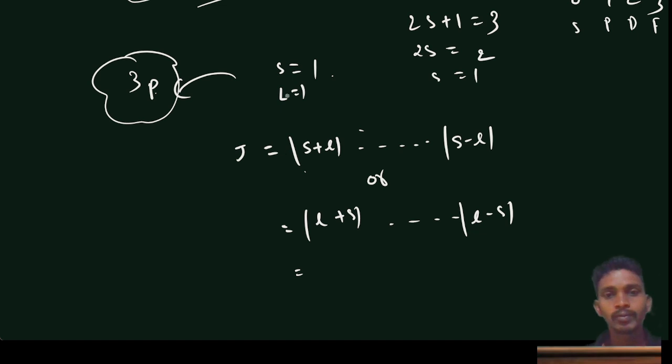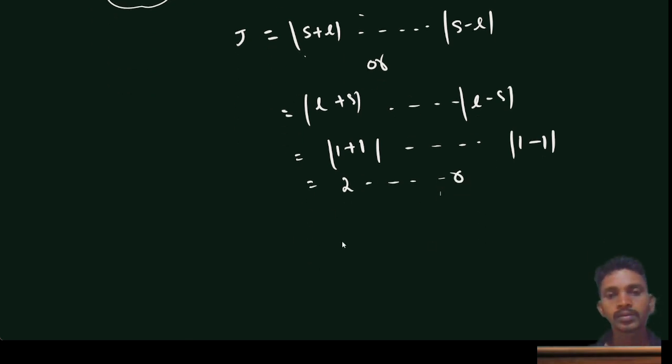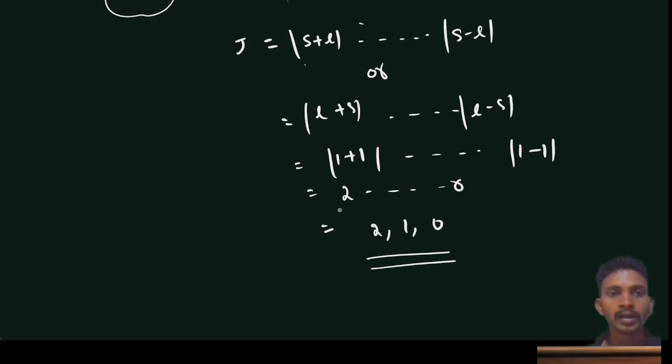So this will be 1 plus 1, 2, and 1 minus 1, 0. So we get 2, 1 and 0. These are the states which have the same energy. So for this 3P, these are the terms.